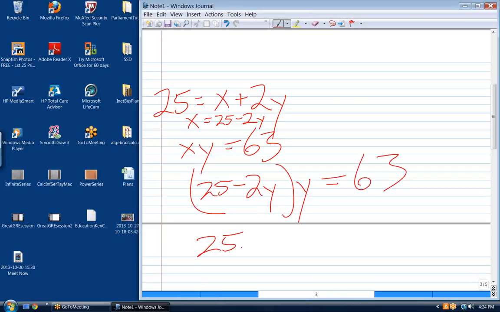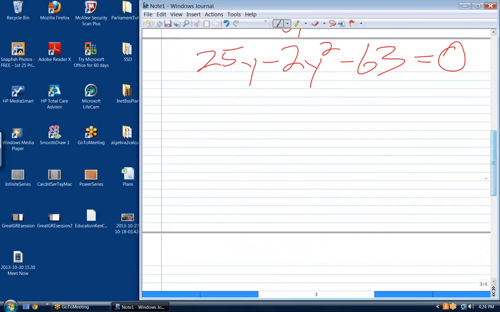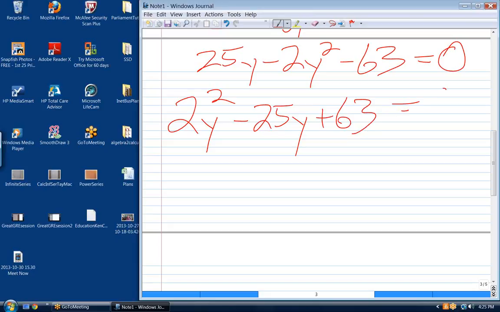That's 25y minus 2y squared equals 63, but it's a quadratic, so I know I'm going to have to put everything on one side. Now I have a negative coefficient. I don't like that, so let's divide everything by minus 1 and put things in order. So we have 2y squared minus 25y plus 63 equals 0.